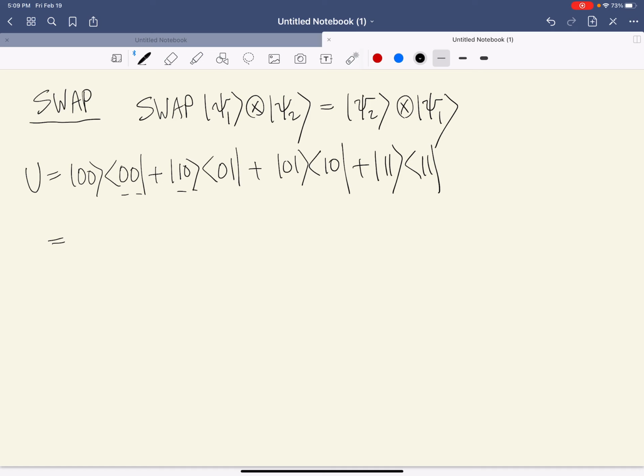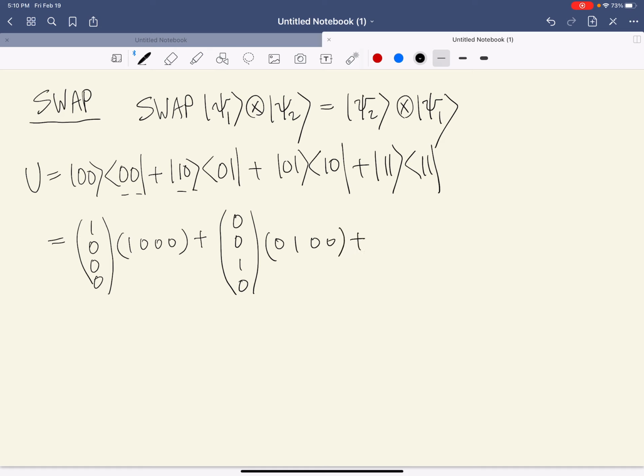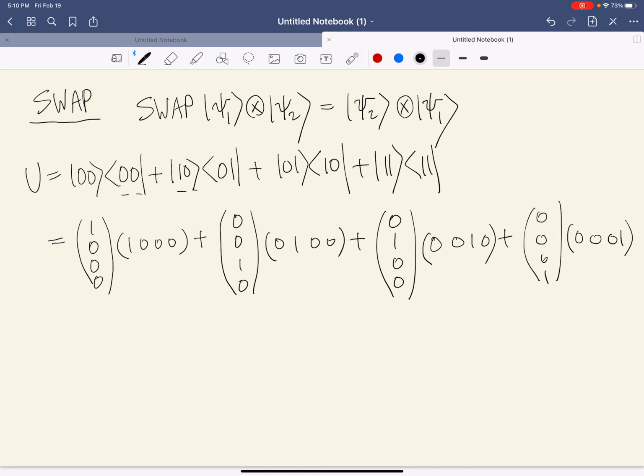So |0,0> has the column vector representation (1, 0, 0, 0), and |0,1> has (0, 1, 0, 0), and |1,0> has this vector representation, and finally |1,1> this.